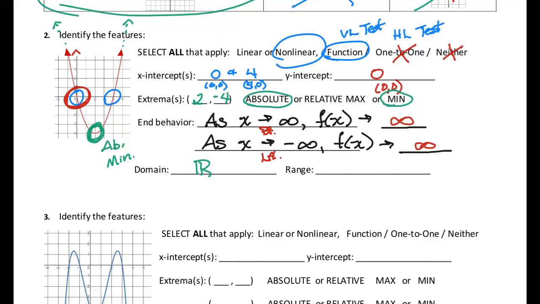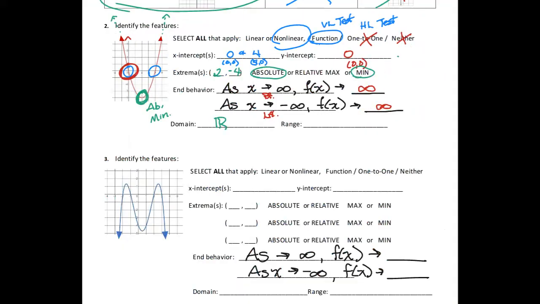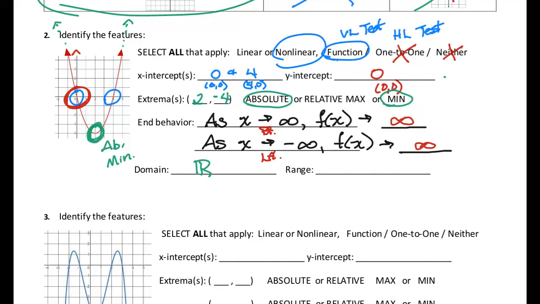Now, the range, we just said we had an absolute minimum. Your range is how high do you go and how low do you go? Well, what's the lowest this graph is going? -4. So I've got to compare everything with my range, and the range is what values again?